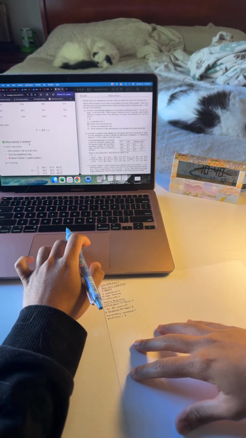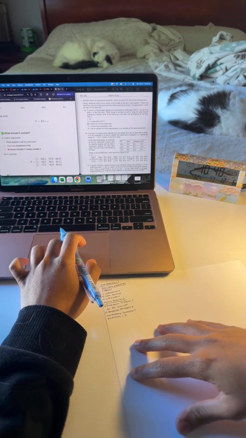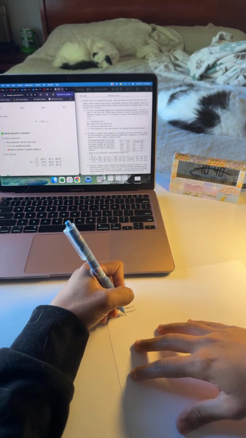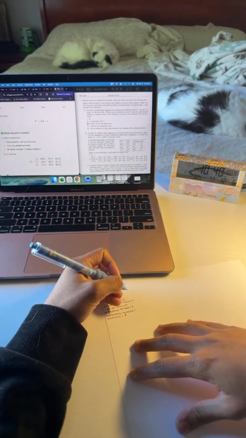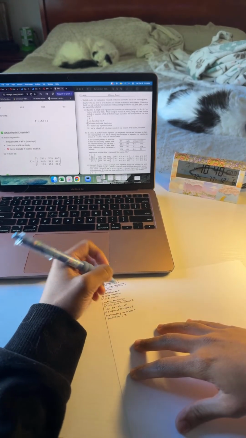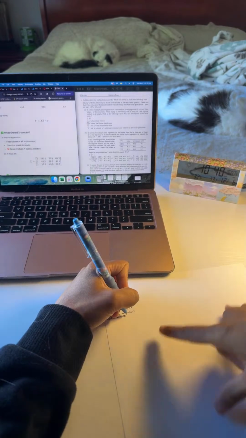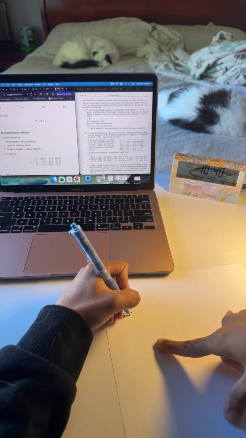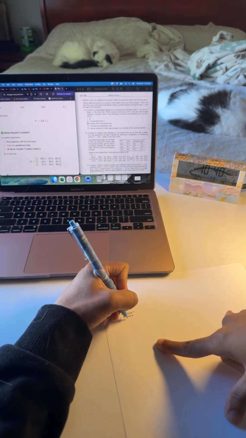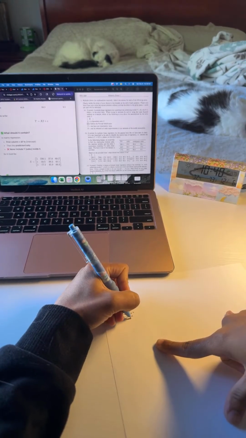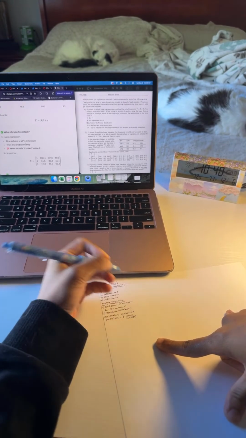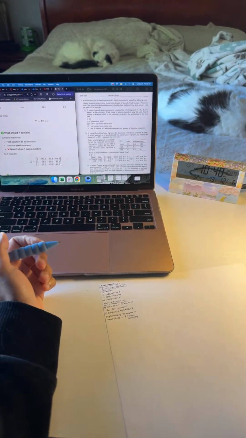What should x contain? No, not x. Equals minus intercept, I guess. I'm gonna confuse myself, bro.